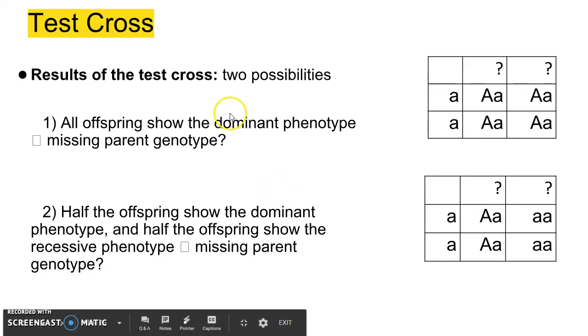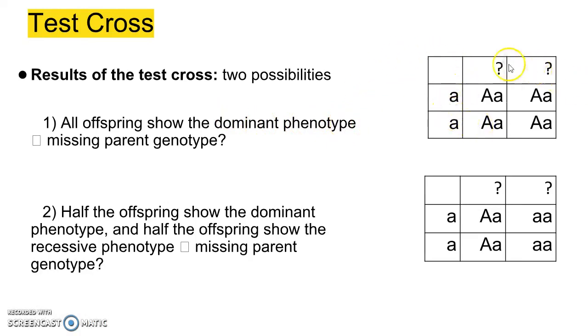Okay, so we have two possible results from our test cross. Let's say all of the offspring show the dominant phenotype. I've set up a working backwards Punnett square on the right here. Remember, one of our parents we know is homozygous recessive, and we're just trying to figure out the genotype of the second parent. So if all of our offspring show the dominant phenotype, that means the dominant parent had to have big A, big A as their genotype, or homozygous dominant.